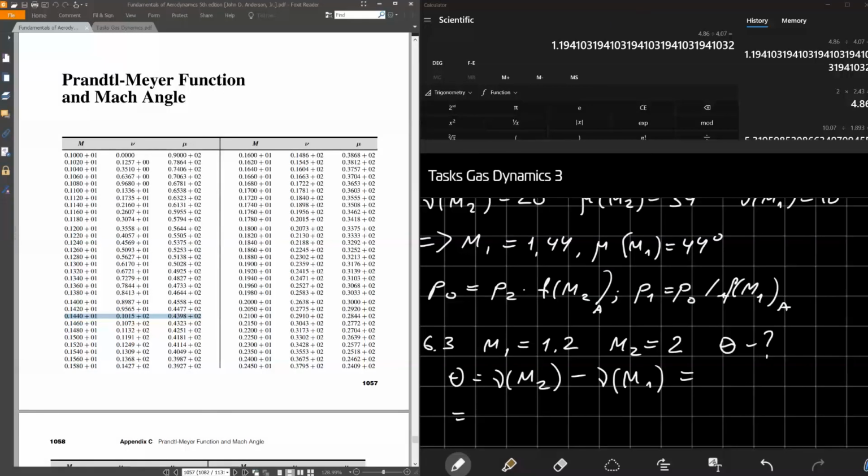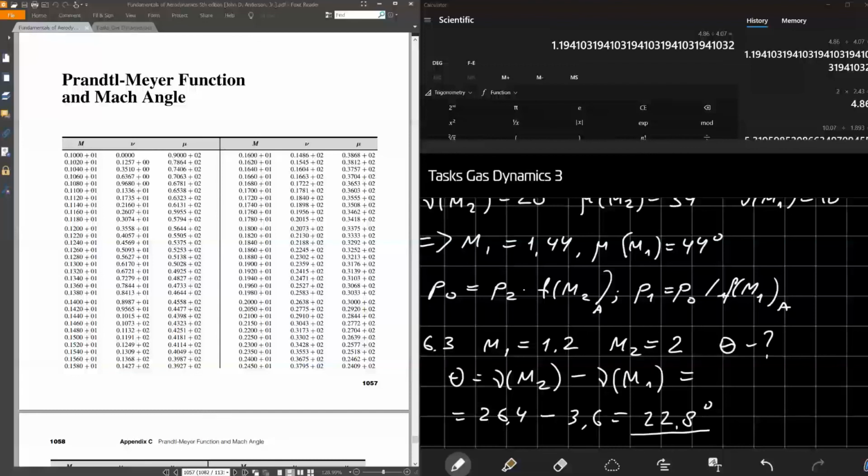Mach 2 has 26.4. 26.4 minus, at Mach 1.2, 3.6. So the difference will be how much? 22.8 degrees. So having a body of 22.8 degrees angle, with Mach 1.2, we have at the exit Mach 2.